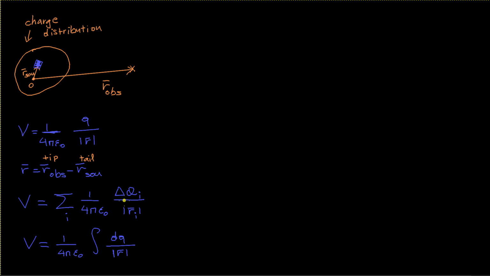We have seen this already. When I make the number of small pieces infinite, the sum becomes an integral: 1 over 4 pi epsilon naught, the integral of dq over r.